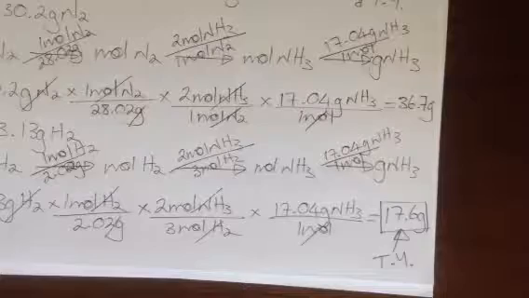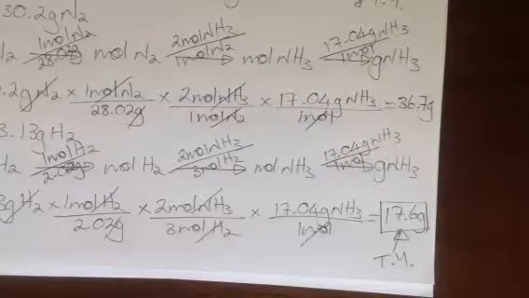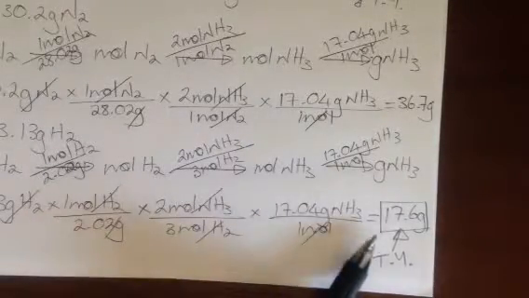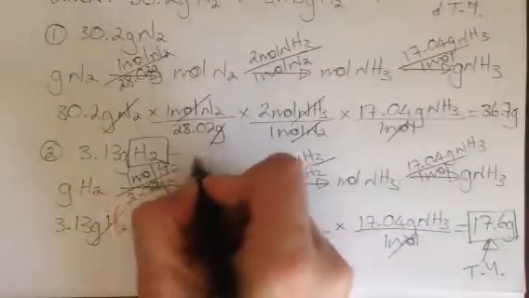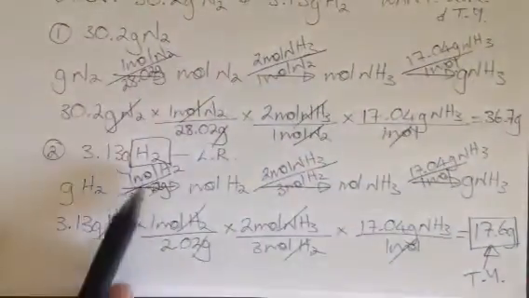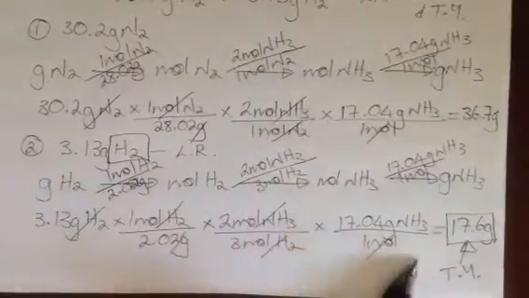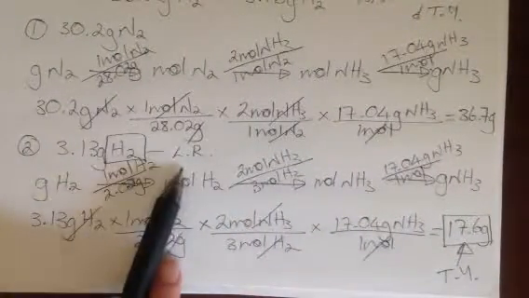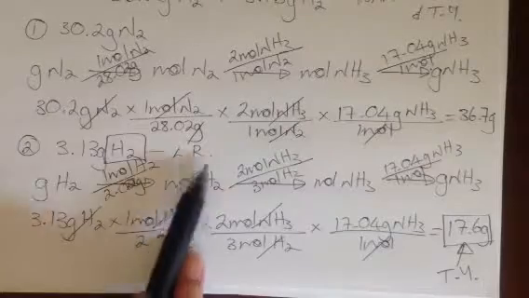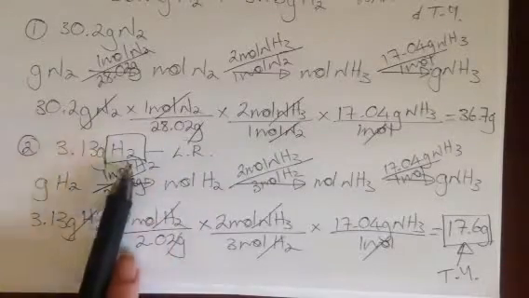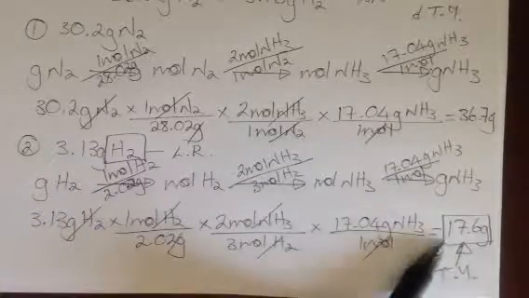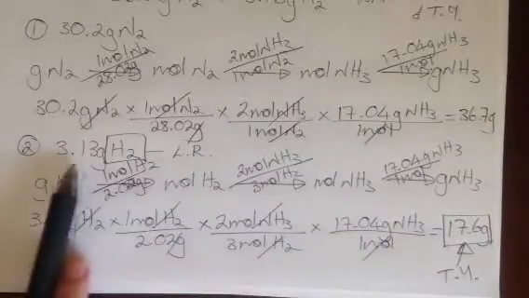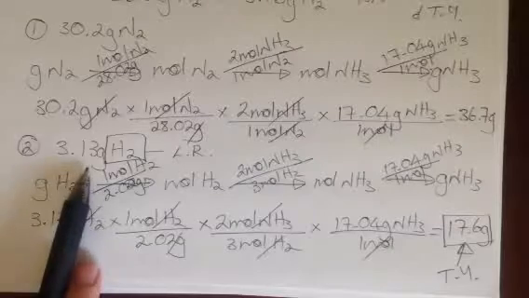Our theoretical yield is determined by the reactant that limits us to this amount, and that is called the limiting reactant. So in this case, the hydrogen is limiting us to our theoretical yield. So the hydrogen is the limiting reactant. Now, your limiting reactant will be completely consumed if you make your theoretical yield, right? If you make 17.6 grams of ammonia, you will have used up 3.13 grams of hydrogen.